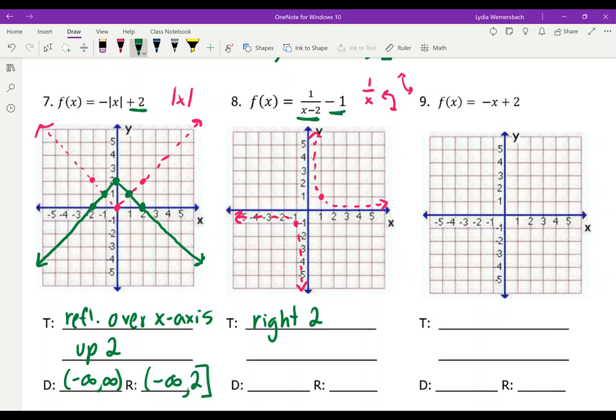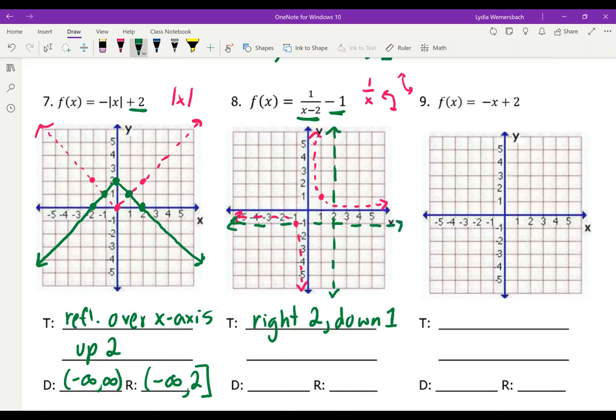And then that minus 1 is on the outside of our function, which means we're going to be going down 1. Now, if we remember, those asymptotes were originally at (0, 0). But those asymptotes are also going to shift right 2, so this will be an asymptote, and down 1. So this will also be an asymptote for that final function.